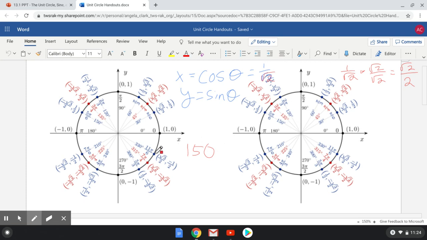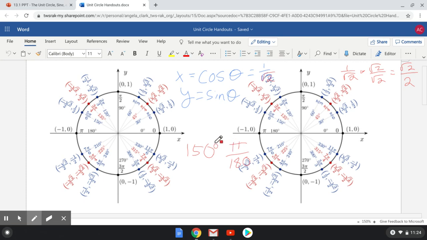I can multiply by pi over 180 because pi radians is the same thing as 180 degrees. So if I multiply by pi over 180, I'm not changing anything. I'm just switching between degrees and radians. You can think of it as a unit conversion.